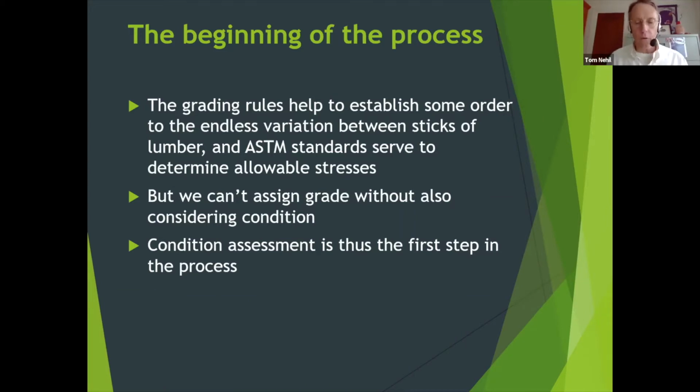And so we have a wide range of characteristics, but the grading rules allow us to lump these various qualities into basically three groups that we called select structural, number one, number two. And then that just helps with marketing, with design. We can rely on those grades to assure us that the lumber that's being used is of a certain standard that will work for our application.